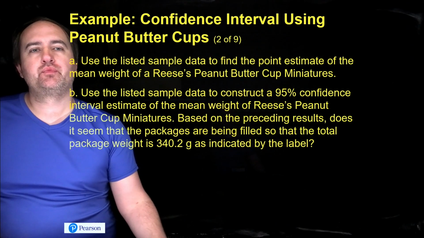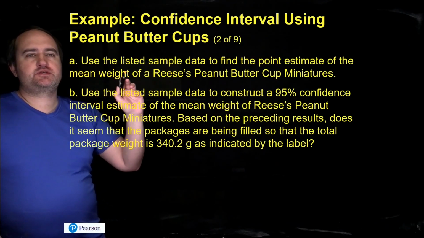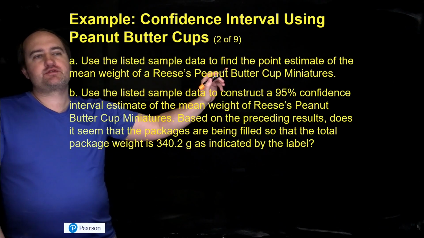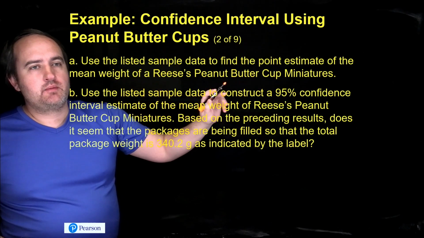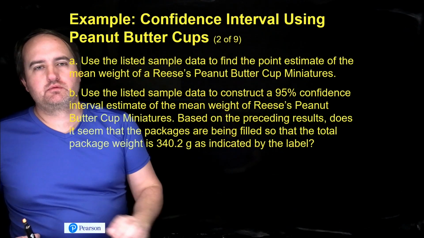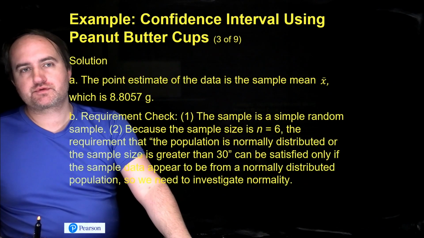So n equals 6. Anyway, in part A, they want us to use the listed sample data to find the point estimate of the mean weight of Reese's peanut butter cup miniatures. Then we'll come back to part B later. So let's look at part A first.